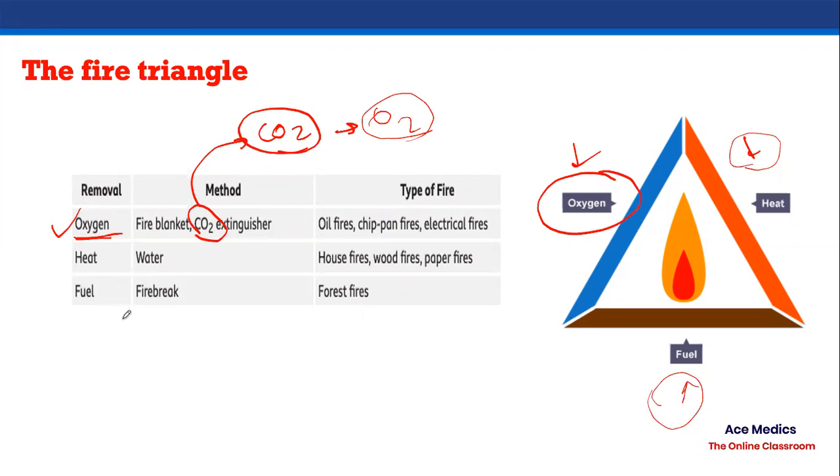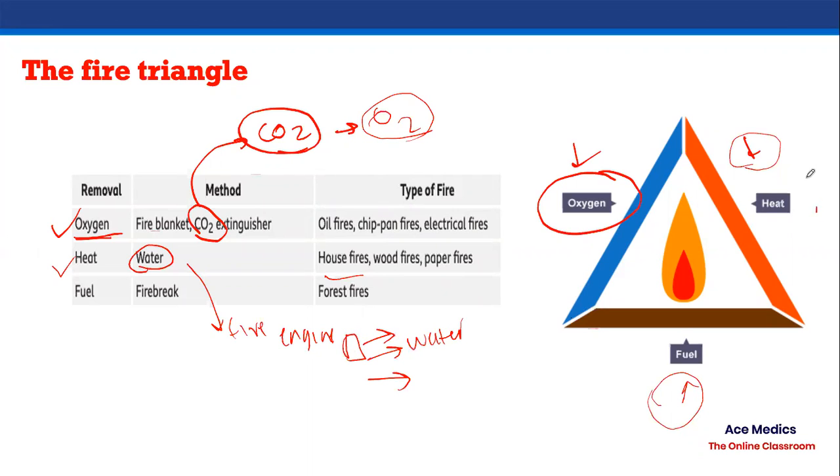Next thing that you want to try and get rid of maybe will be the heat source itself. So you can do that just by throwing some water on it. So if there was a really big fire, like a house fire or wood fire or paper fire, where you can see the physical flame, what you'll often see is the fire engine comes and they will start trying to cool it down with a big hose of water, and they will just try and cool it down and remove the heat.